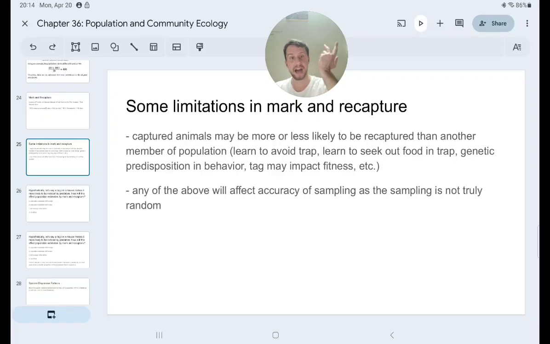If for some reason the tags made them more or less likely to be recaptured, or if the animals that were captured the first time learned and realized, I'm not going to go in that thing again, right? That will impact your results, because mark and recapture works the best when the originally captured animals have the same chance to be captured as the animals that weren't captured the first time, because that's the whole idea.